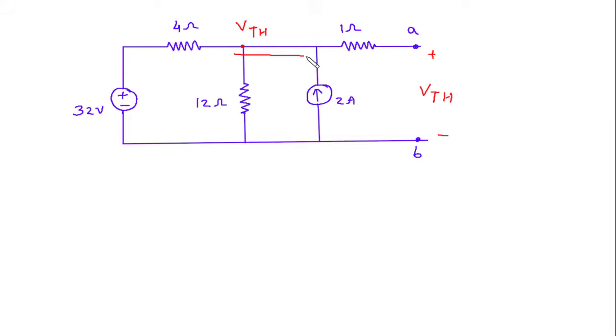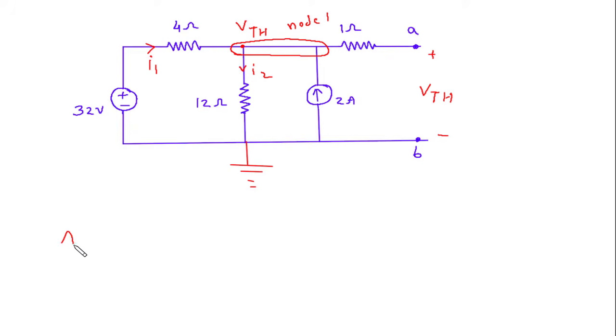So let's say this is node A, or node number 1. Let's assume the direction of current. Let's say this is current I1, this is current I2. This is the reference node. This is open circuited, so there will be no current through this resistance.